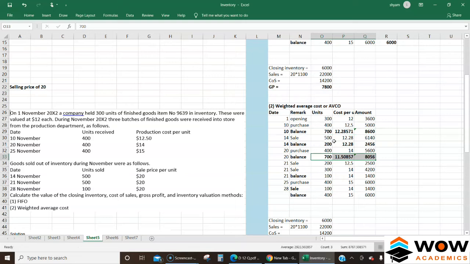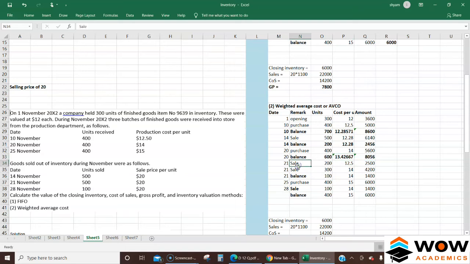So hope we got the number. So 200 units plus the old balance plus purchase. Okay. So total value that we got is this. We added both these numbers here, and that has been divided. So we got our balance number.